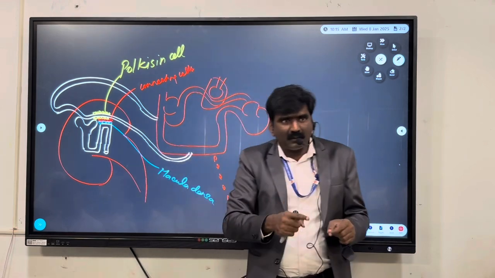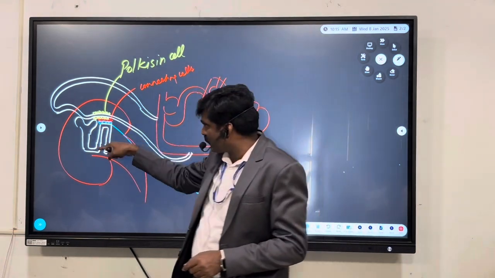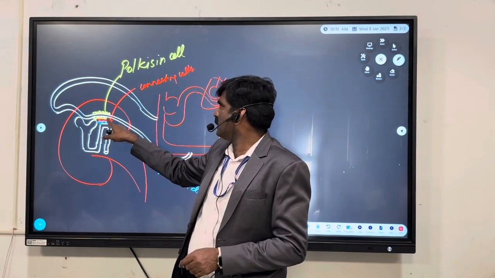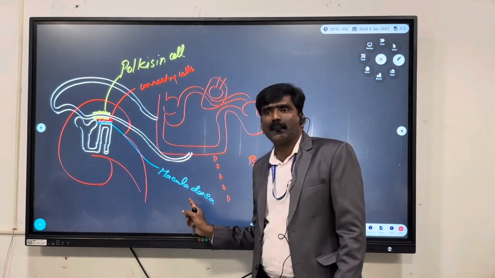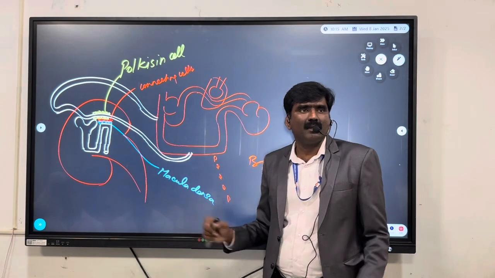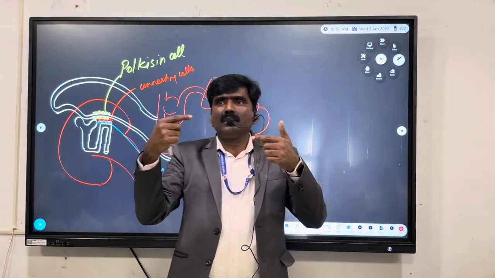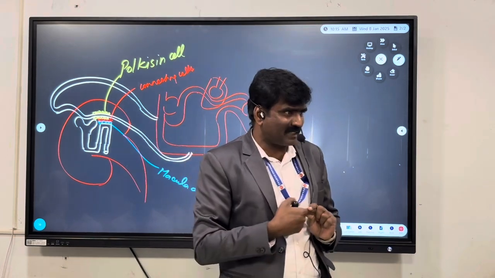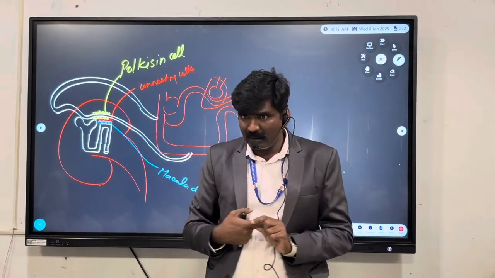And in the distal convoluted tubule, the cells are modified, right? And the name of that cell is macula densa. And some cells that connect both cells are called connecting cells or Lacis cells, right?